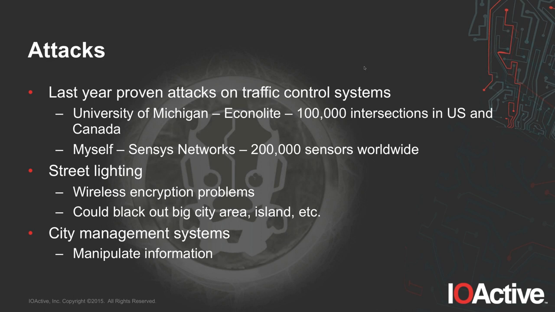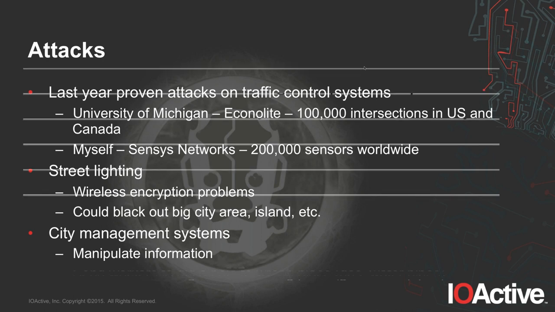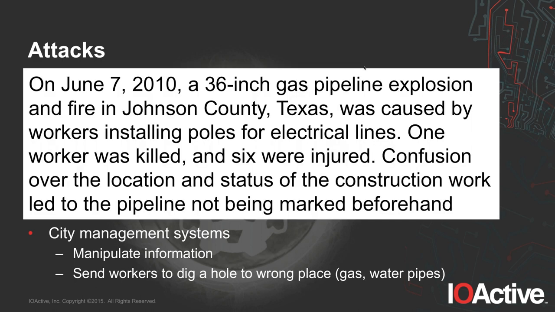And if you provide the wrong coordinates, for instance, they could end up digging a hole in a gas pipe or in a communication line like a fiber optic. This has happened in the past by mistake. For instance, in 2010, a gas pipeline exploded because workers installing electrical poles for electrical lines mistakenly dug in the wrong place.